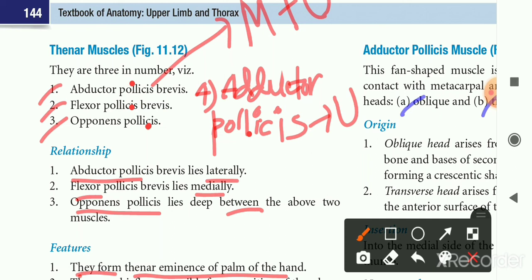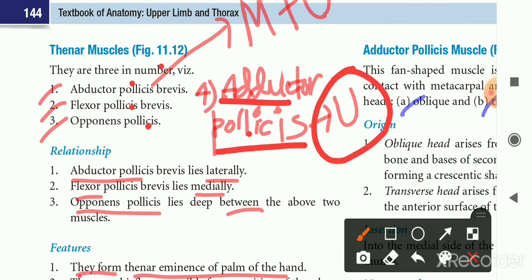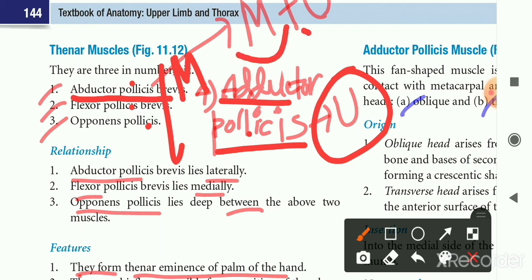What is the nerve supply? All the thenar muscles are usually supplied by the median nerve. The exception is the adductor pollicis, which is supplied by the ulnar nerve, and the rest are supplied by the median nerve. And there is a special muscle, the flexor pollicis brevis, which has dual nerve supply, from both the median nerve and the ulnar nerve.